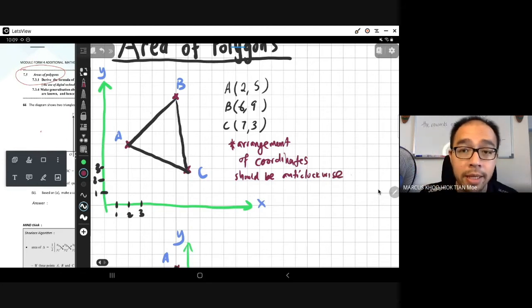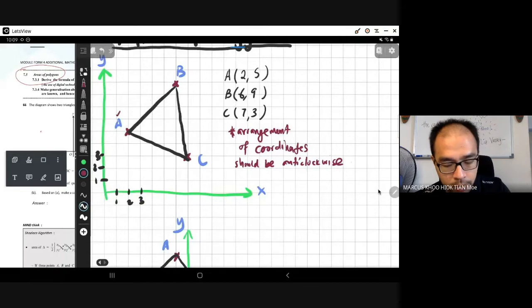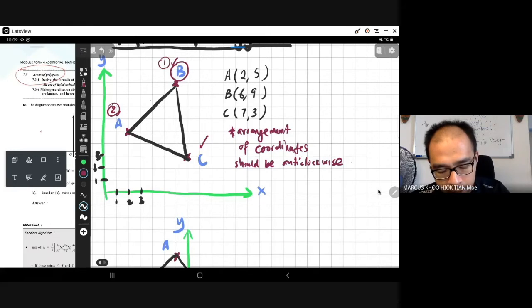What I mean by the arrangement: we know that this is A, this is B, and this is C. Anti-clockwise means if I start with B as my first one, A is my second one, and then C is my third one. The arrangement must be anti-clockwise.